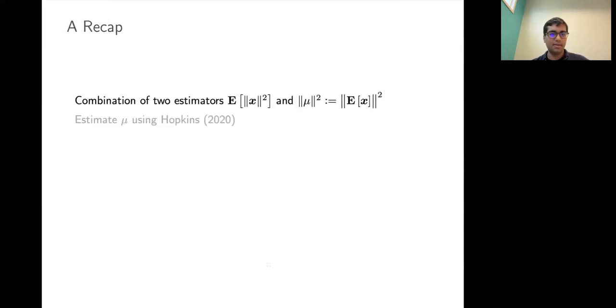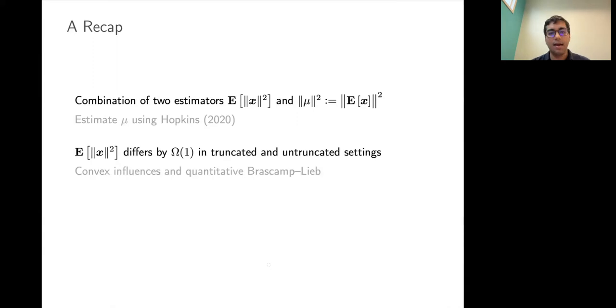So just to summarize, you can distinguish distribution truncation by convex sets using these two statistics, the squared length of samples and the center of mass based test. I didn't tell you how to estimate the center of mass, but there's a nice algorithm due to Sam Hopkins that allows us to do this.